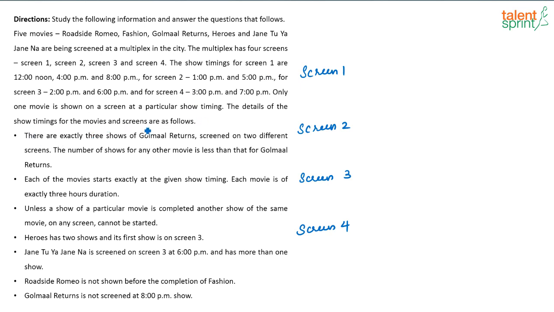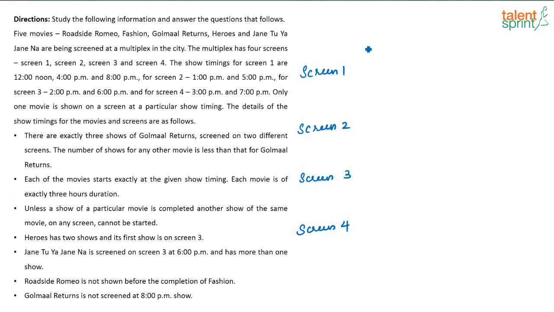The details of the show timing for the movies and the screens are as follows. Some information is given, then look at this information. Each of the given movies starts exactly at the given show timing. Each of the movies has exactly 3 hours of duration.